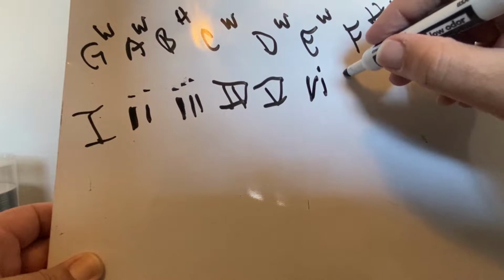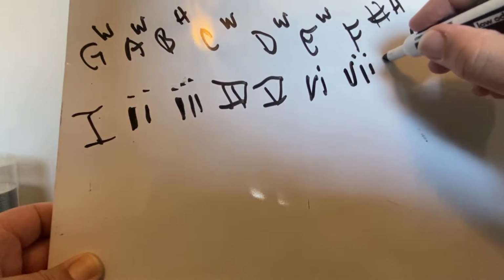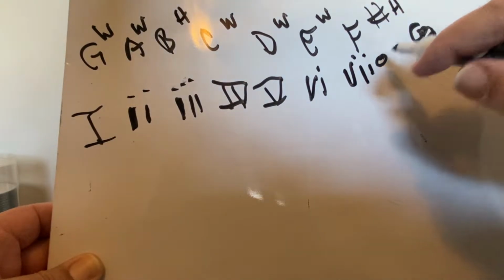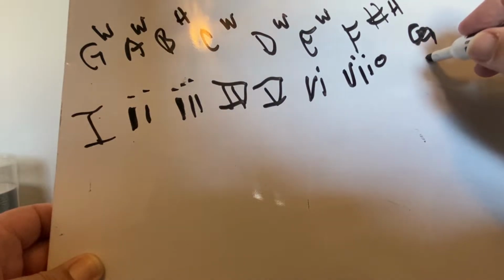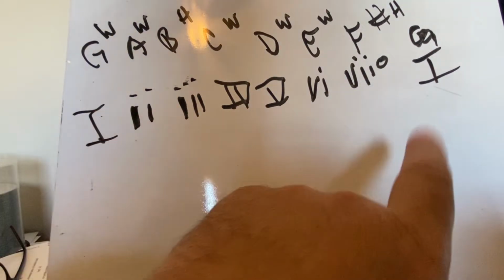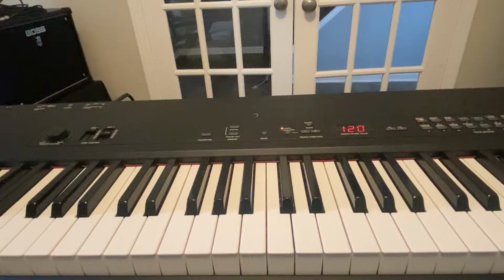The seventh is a diminished. So this circle means diminished. And then we go back to the root, which is a major. Roman numerals come back from Mozart time, which is another whole thing. Okay. What makes these majors and minors and diminished?